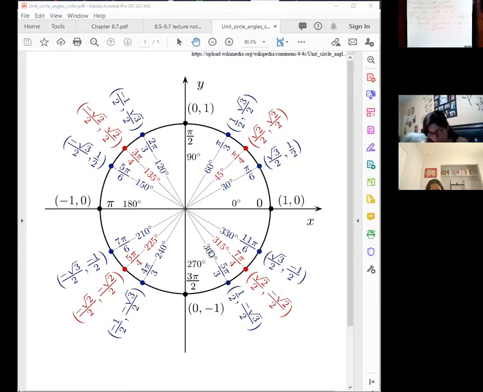So here's 300. Here's 270. So sine of 300 is this guy, the y value. So that would be negative square root 3 over 2 plus a negative 1, right? And that's what it says there. The y value for 270 for sine is this guy.